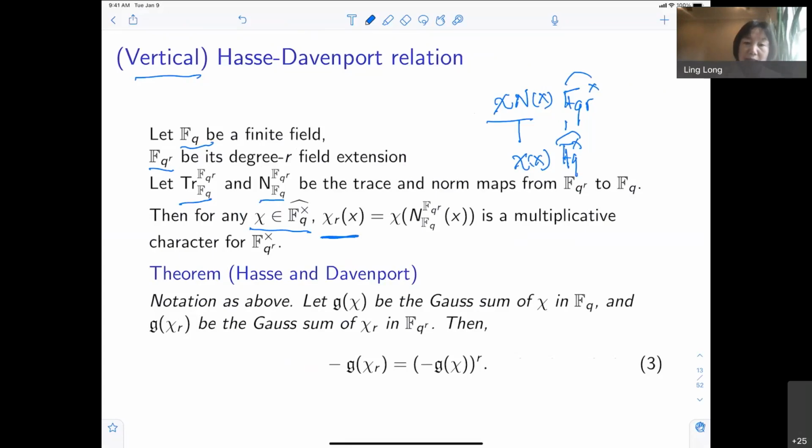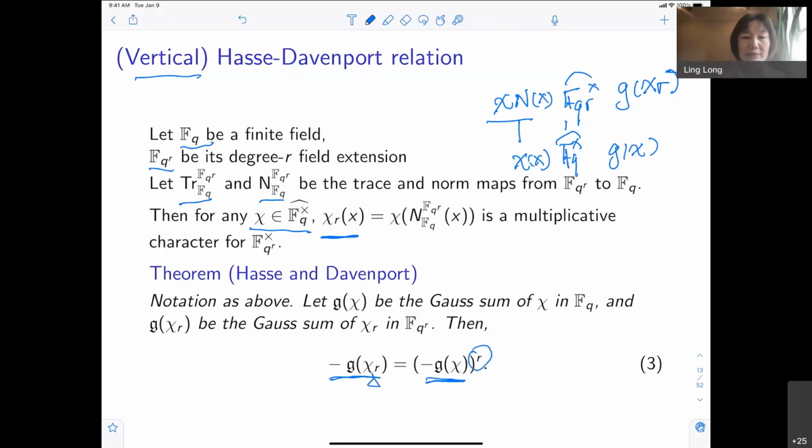For the additive character, the definition is always the same. Now if you compare the Gauss sum down here, G(chi), and the Gauss sum up here, G(chi_r), the Hasse-Davenport relation says, basically, and it's more convenient to use the correct definition of Gauss sum, which in the older days was the negative of the current notation, that the negative of the current Gauss sum in the bigger field is the smaller Gauss sum down in the base field F_q, to the r-th power.